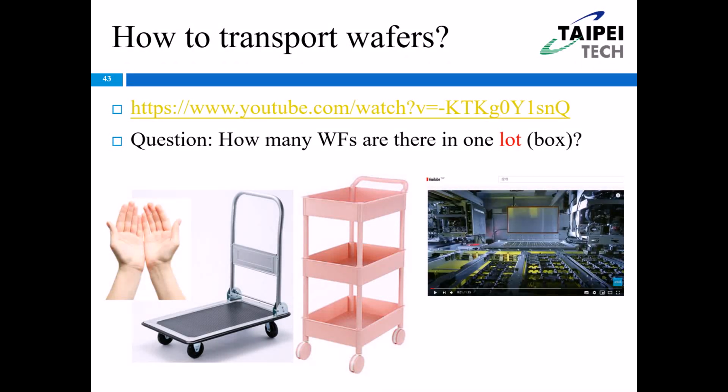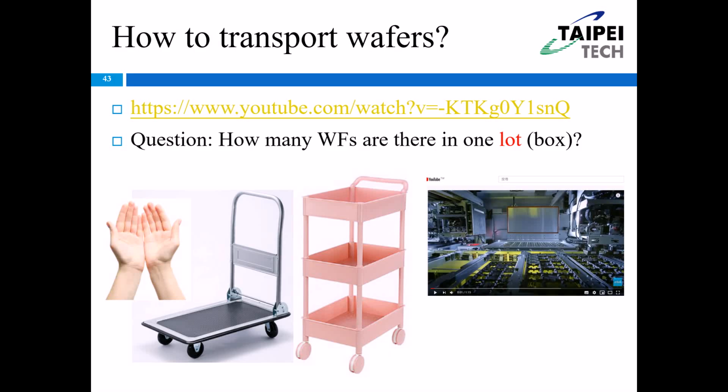I remember when I first joined TSMC, the engineers always told us we need to be very, very careful when transferring the wafer. We use carts, kind of like this. Not exactly the same, but we put one lot of silicon wafers on top of the cart, and we need to transfer to different processing tools.